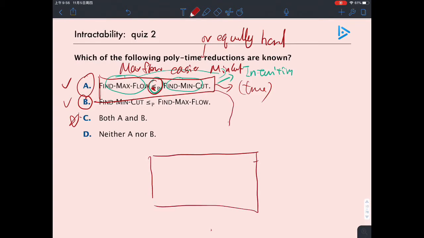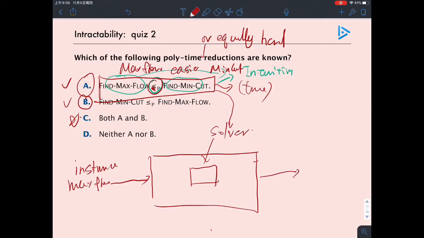If this were true, then there is a solver inside, and the input would be an instance of max flow, and the output would be the value of the max flow. The solver here would be the min cut solver.